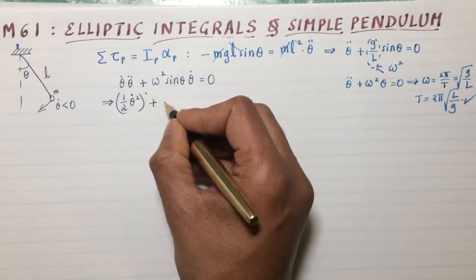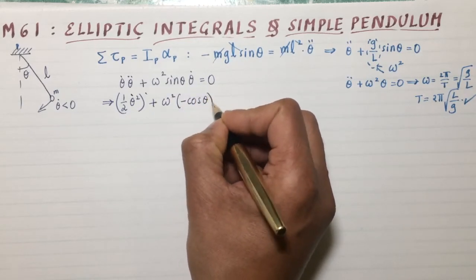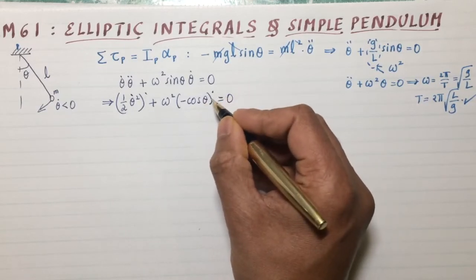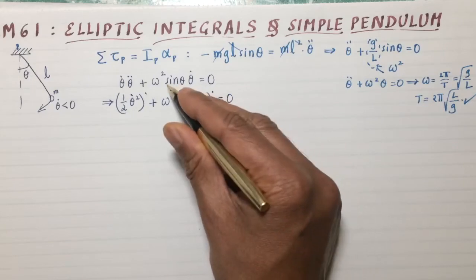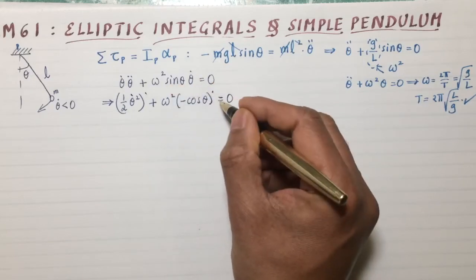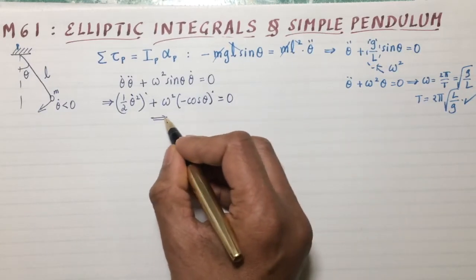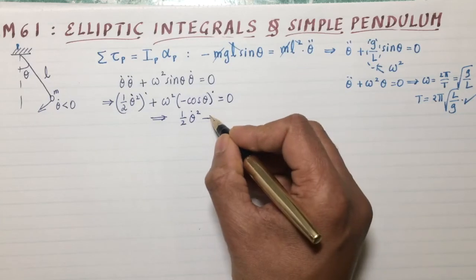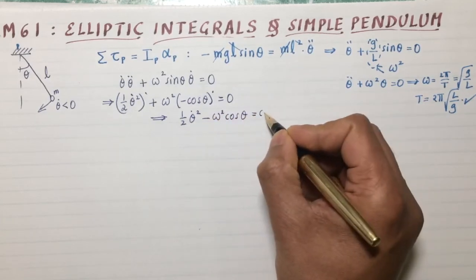And then omega squared, I can write that as negative cosine theta derivative equals 0, because the derivative of cosine theta is negative sine theta, but because I've put a negative sign there, that goes away and I get theta dot from the chain rule. So in a sense, we have already done the integration. This is called the first integral. So I get 1/2 theta dot squared minus omega squared cosine theta equals constant.